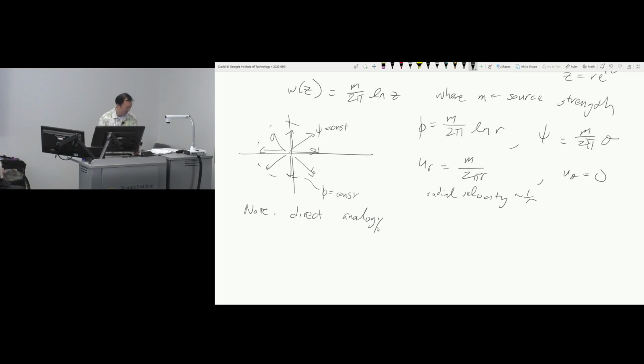There's also a direct analogy with electricity and magnetism. For example, potential flow and electrostatics.